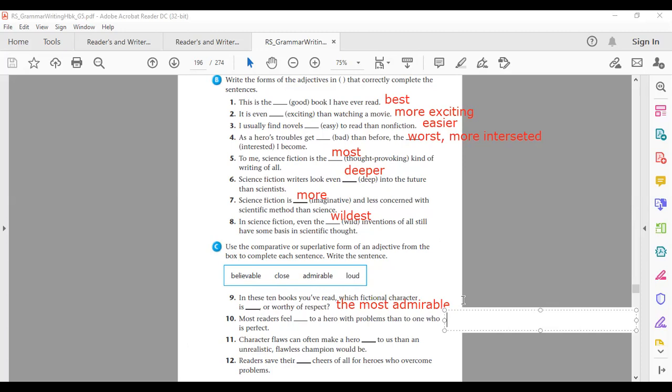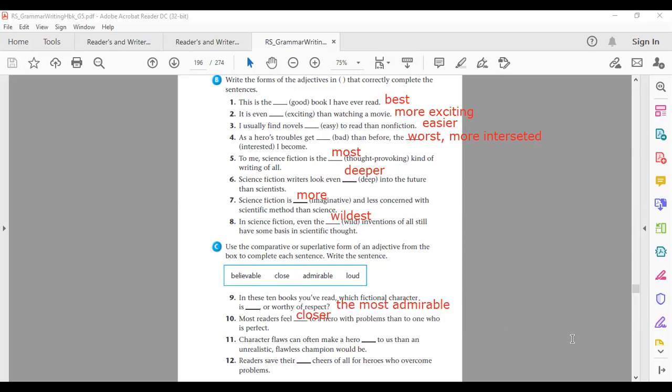So I want to put a close and a comparative. Closest? No, we have than. More close? Closer, because it's a short one.